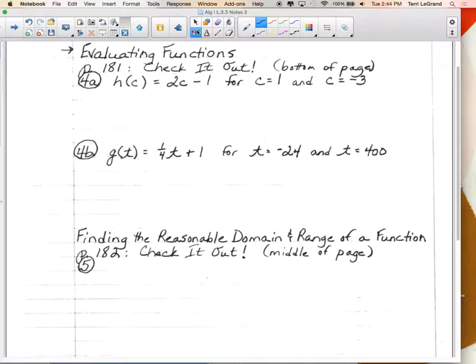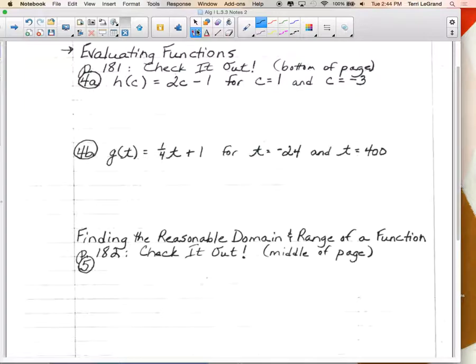What's our function's name? Think back to yesterday. It's function what? It's part of that. It's function h. The function h.